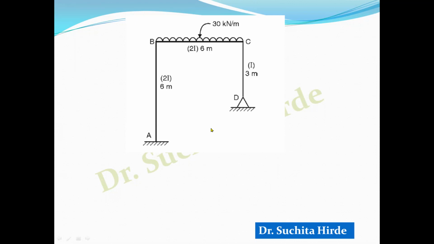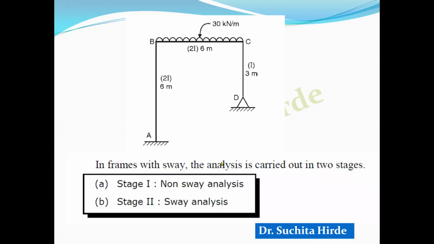Because of this, this is an unsymmetrical portal frame, and therefore this is a problem of sway. The portal frame will sway. So when there is sway, I told you that we have to carry out moment distribution in two stages. Stage 1 is non-sway analysis and stage 2 is sway analysis. So first we will see stage 1 analysis, which is non-sway analysis.